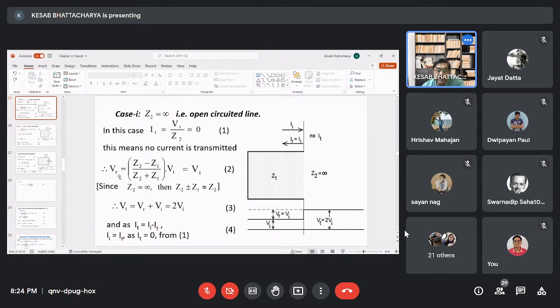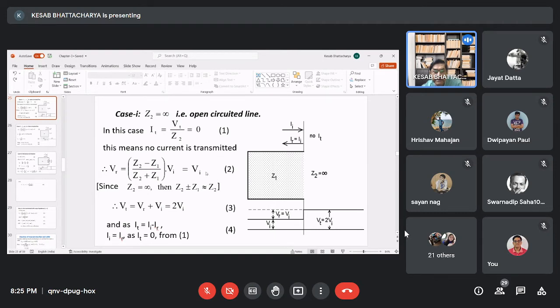And VR is equal to, we have just now deduced the expression for VR, that is Z2 minus Z1 by Z2 plus Z1 into Vi. Since Z2 is equal to infinity, then what we can write? Z2 minus Z1 by Z2 plus Z1 will be almost same. Therefore, VR can be written as almost equal to Vi.